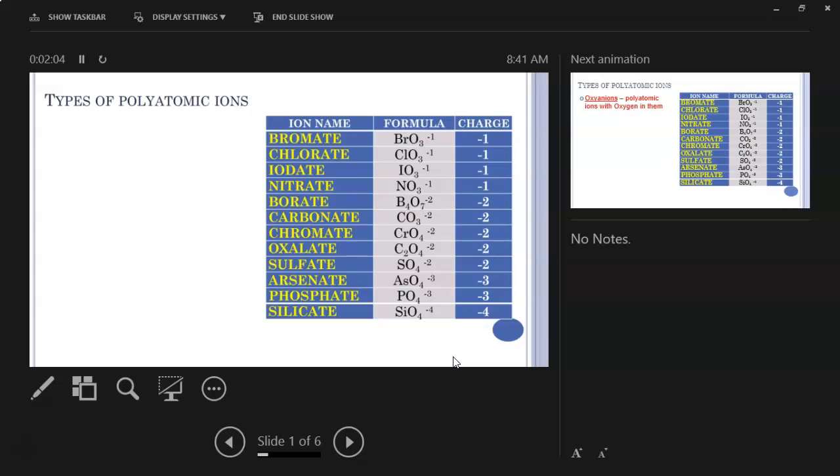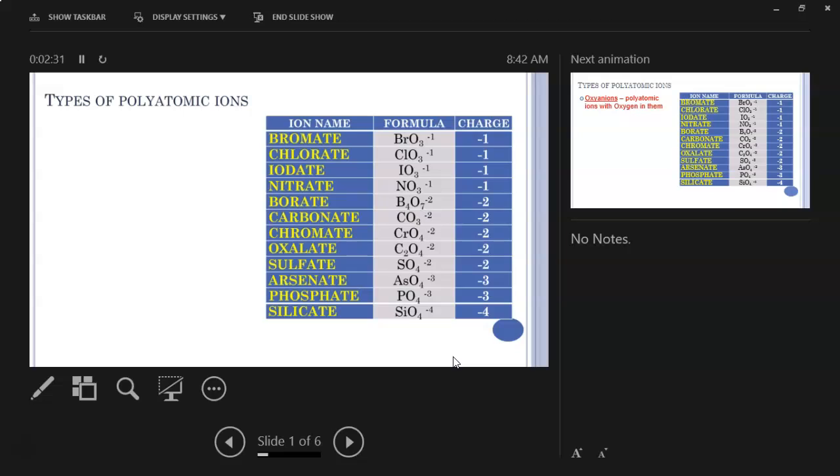Okay. So with your highlighter, on the top, make yourself a little key that says main version. These are the main versions of what we call oxyanions. What do you think oxy refers to? Good.